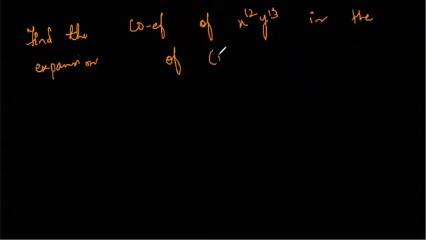Find the coefficient of x power 12 y power 13 in the expansion of x plus y whole power 25. So over here, if we want to find x power 12 y power 13, we have to know, let's compare our formula.